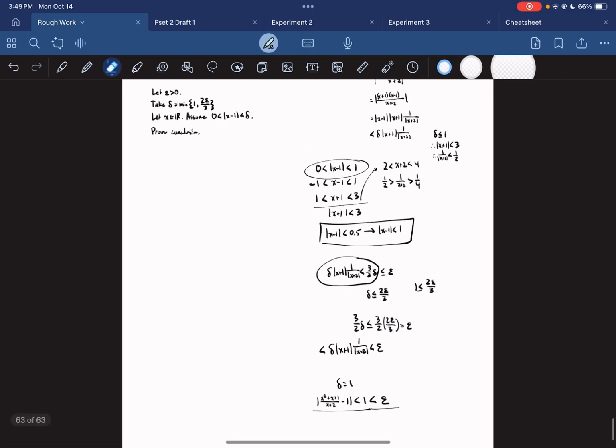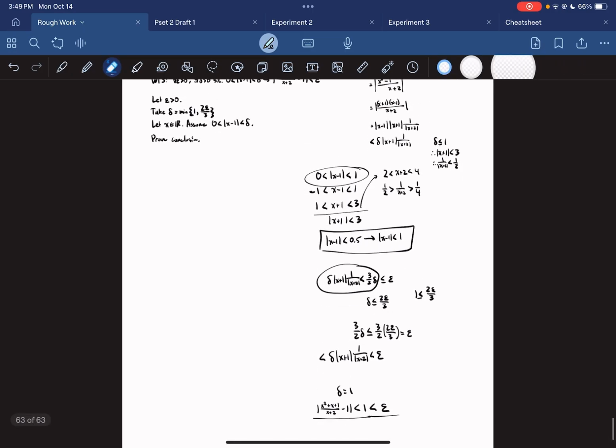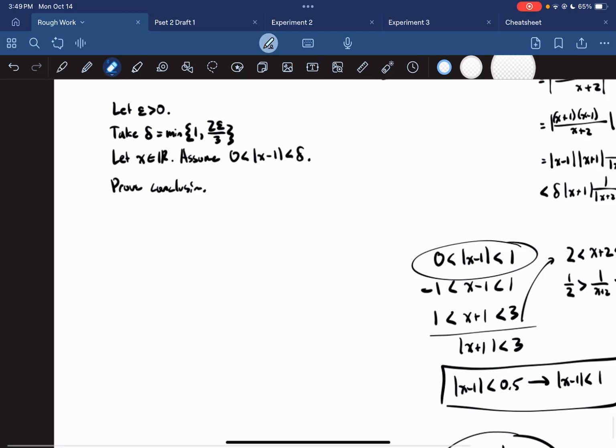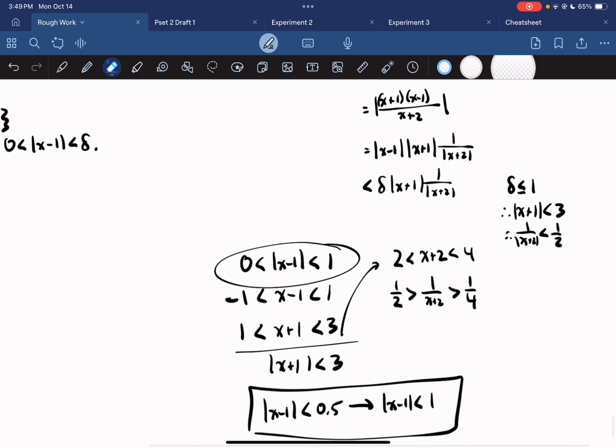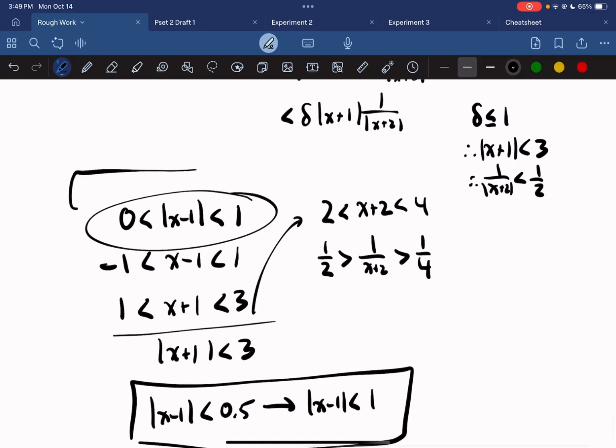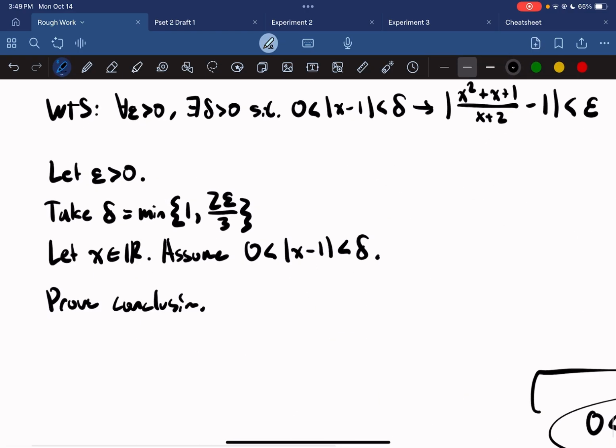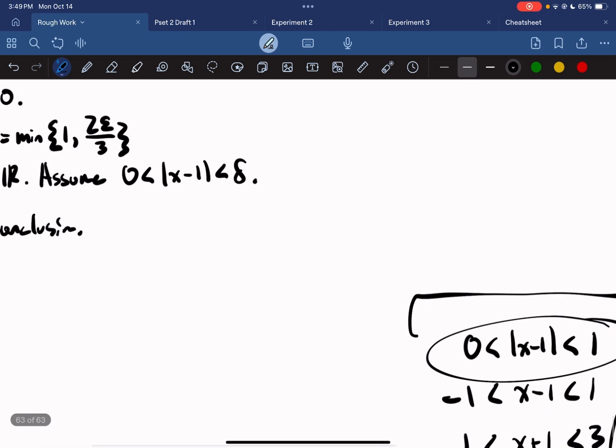And if that doesn't make sense, try to go back and understand it. It's a very, very key point in understanding epsilon delta proofs. And on the flip side, if 2 epsilon over 3 is less than 1, then we know this statement still holds true, because we'll just choose 2 epsilon over 3 as our delta value.